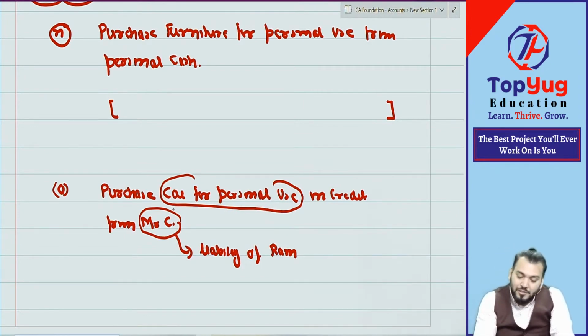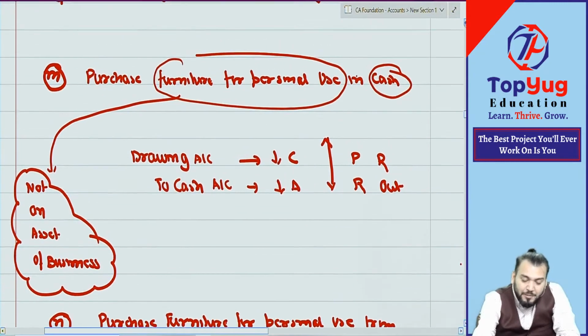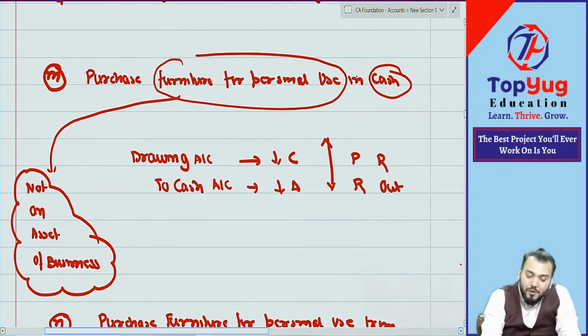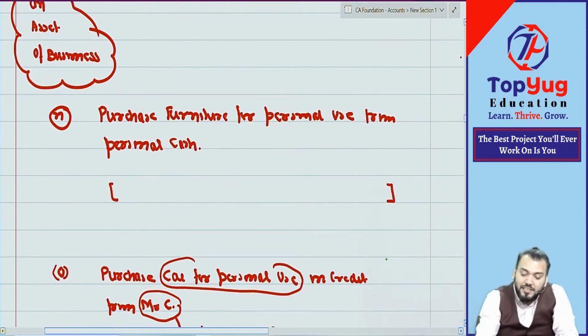Compare with the transaction where I wrote purchase furniture for personal use in cash. It was business cash, so it affects the business cash, therefore recorded. Then I said personal cash: it does not affect the business cash, not recorded.